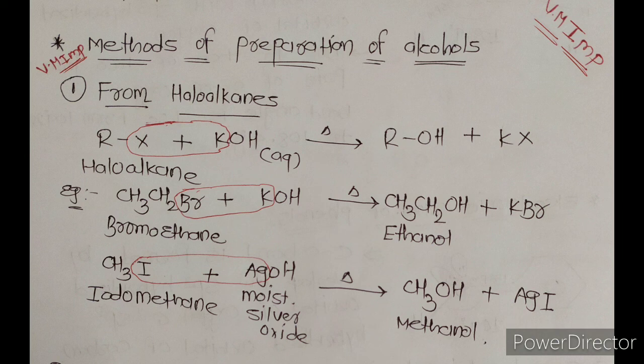One more reaction: iodomethane CH3I heated with moist silver oxide, that is AgOH. Then Ag and I react together to form silver iodide, and OH is combined with CH3, hence it forms methanol.